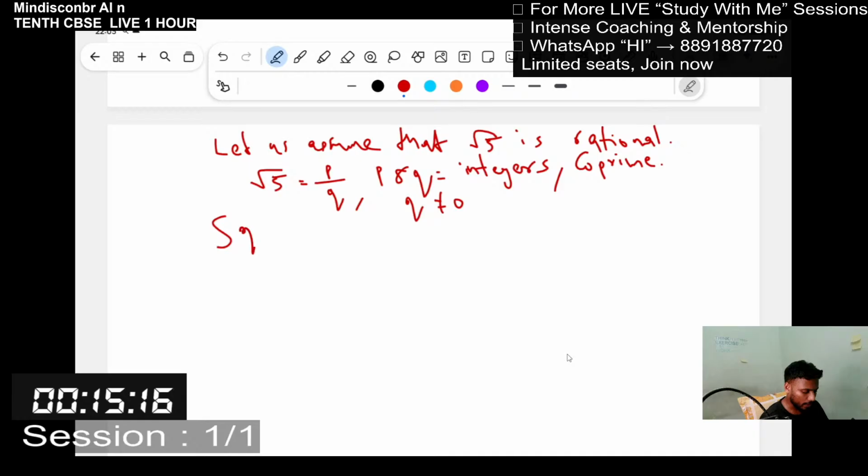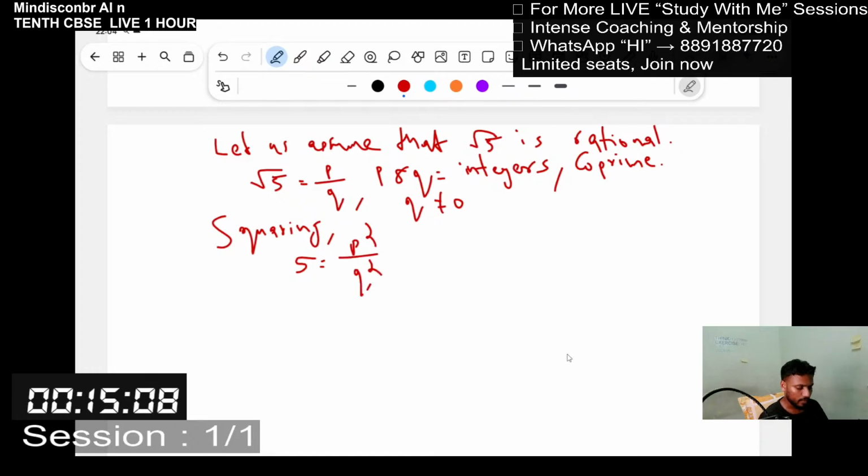By squaring, 5 is equal to p square by q square. Therefore 5q square is equal to p square. 5 divides p square. Therefore 5 also divides p.